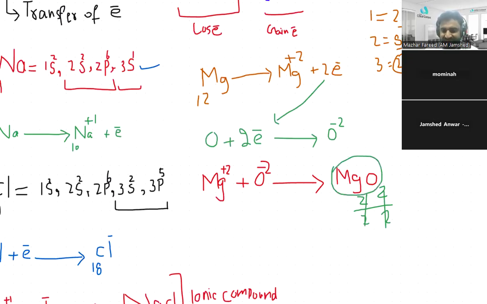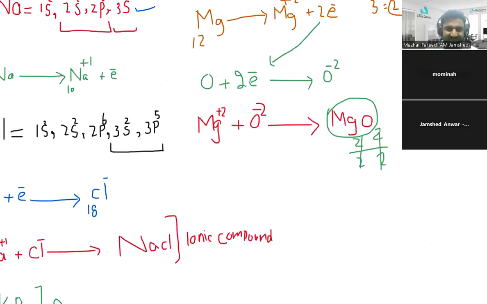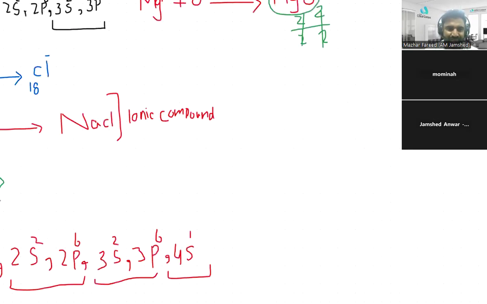So magnesium oxide is an ionic compound because this compound is formed due to an ionic bond. Got it? Now you have to explain another example, like aluminum oxide.